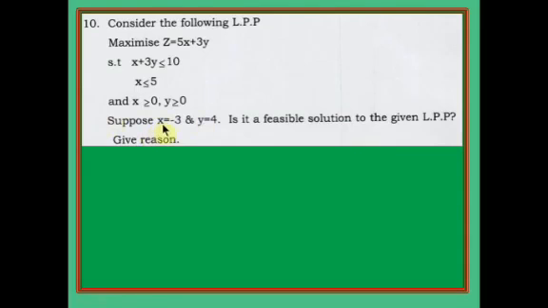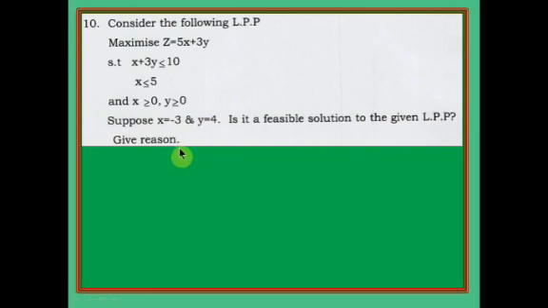Here already given x value is minus 3. Am I correct? Look at the cursor. X equal to minus 3 is not at all a positive value. It is a negative value. Nowhere it is to be considered as non-negative value.